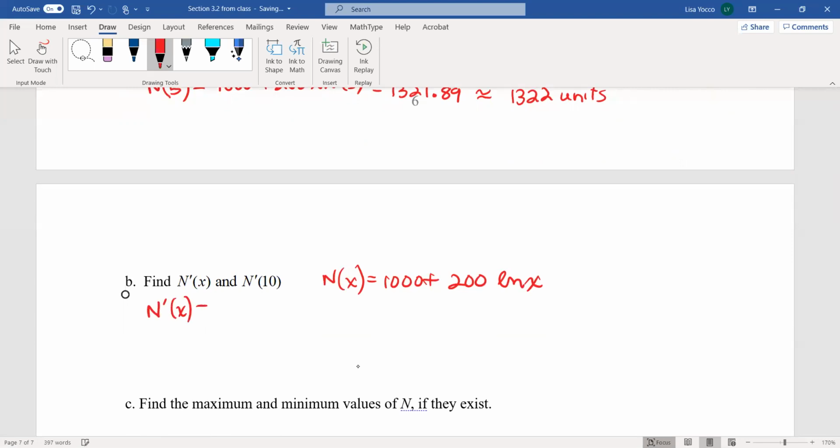We'll first have our sum rule, the derivative of 1,000 plus 200 times the derivative of ln of x. Well, derivative of 1,000 is 0, and the derivative of ln of x is 1 over x. Thinking of 200 over 1, that derivative is just 200 divided by x.